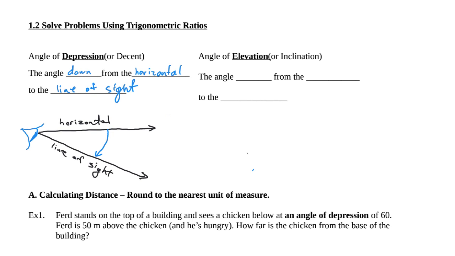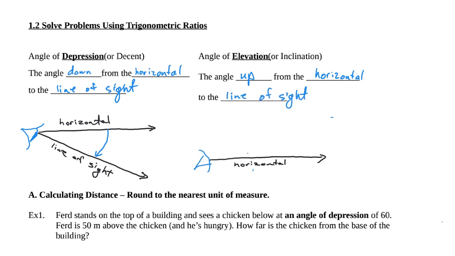Now, if you think about it, the angle of elevation is the opposite to the angle of depression. So that means this is the angle up from the horizontal to the line of sight. Imagine this is your horizontal, and imagine that this is your eye looking up from the horizontal to this line of sight. In this case, we start from the horizontal and sweep upwards a certain number of degrees.